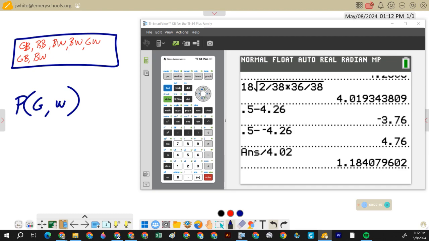Does being a girl prevent you from being a wrestler? No. So, can we just add? There are 3 girls and 4 boys. So can we just add 3 over 7 plus 4 out of 7 are wrestlers? Will that work? No. Why not?